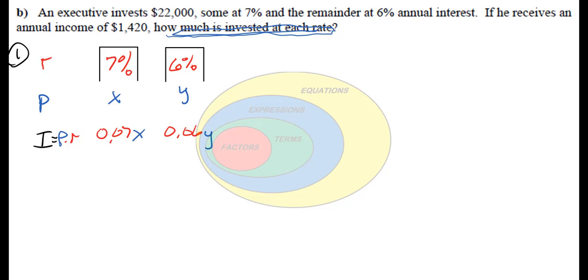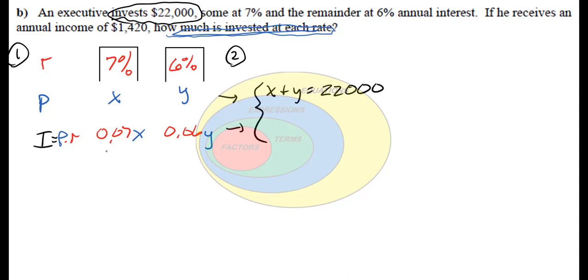So our system of equations comes from relating the principal together. So if the principal is X and Y, what do I know about those values? So it says the total investment was $22,000. So I know that if I take X plus Y, I'm going to get $22,000.